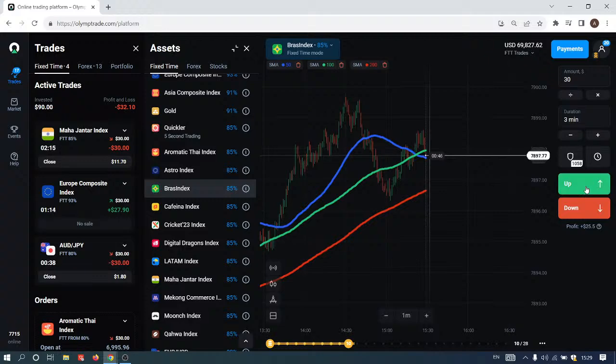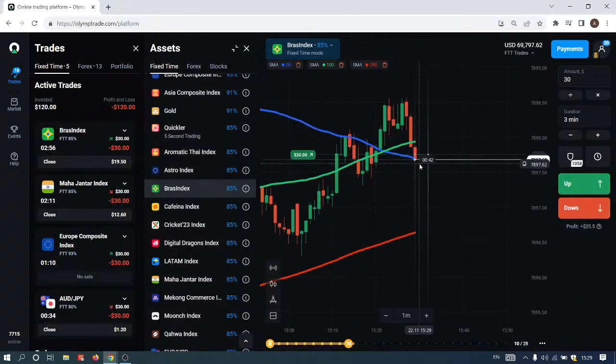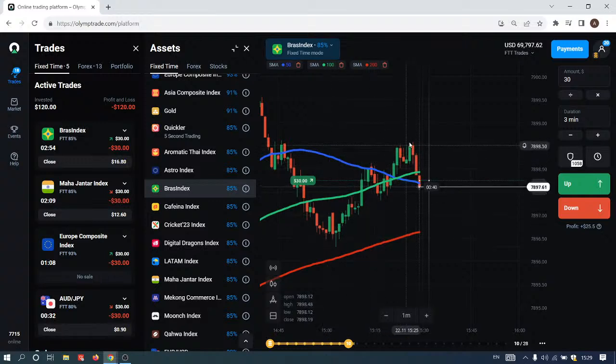Right. So why don't we try this index? Because obviously we are in an uptrend, and then there's this pullback.